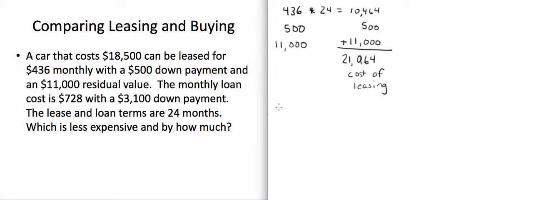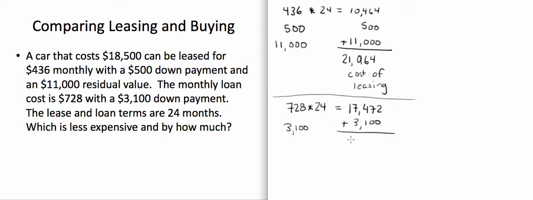Now we're going to find the cost of buying it through a loan. We're going to take 728 times 24, and that gives us 17,472. Then we add in 3,100, and if we do that, we get 20,572.